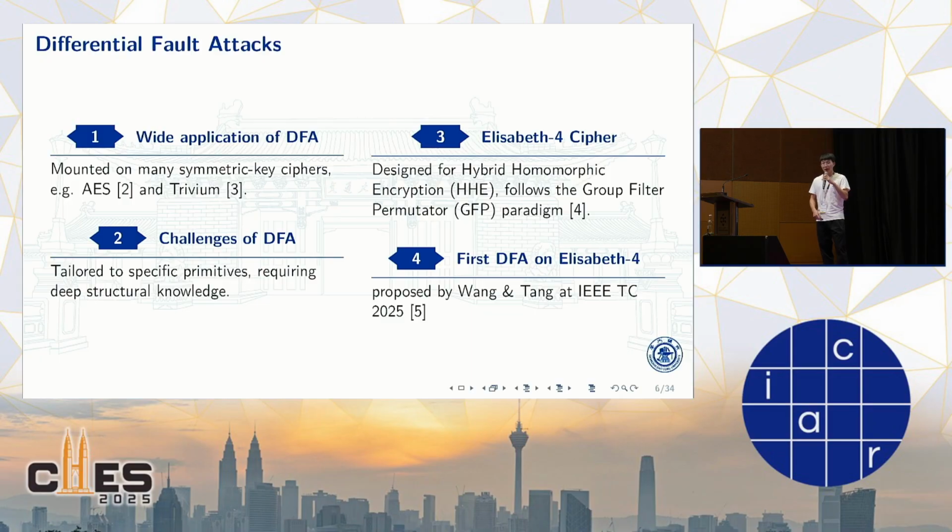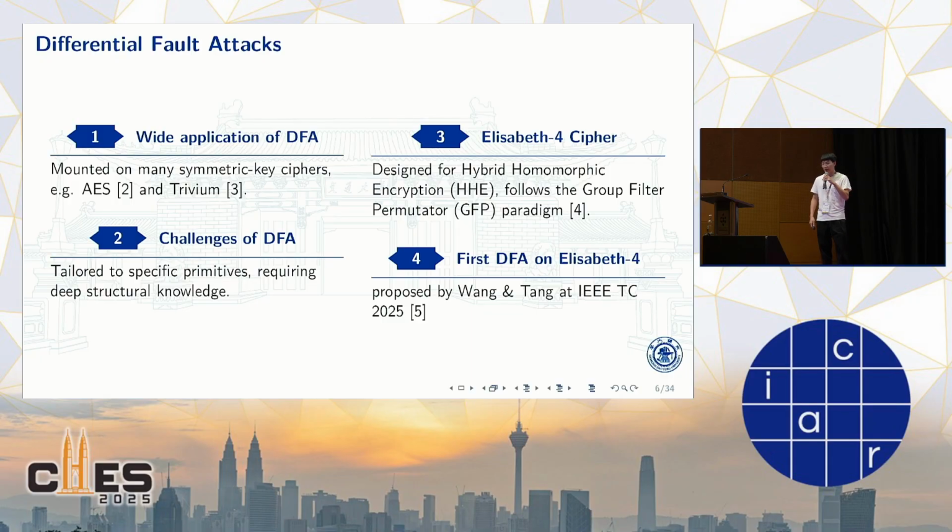Though the DFA is powerful, it is tailored to the specific primitive, which will require deep structural knowledge of the target cipher. The Elizabeth IV cipher is a new stream cipher designed for hybrid homomorphic encryption, HHE, or what we call transciphering.